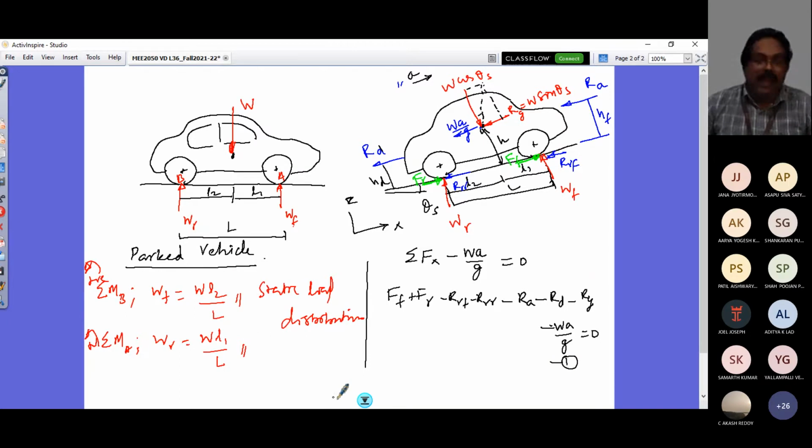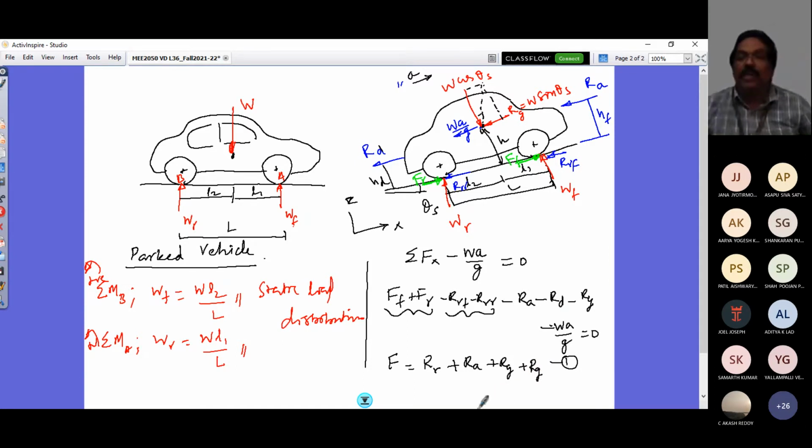From this equation, I can write my total tractive force, these two, so that's going to be F, the total tractive force, equals. On the other side, I'll have all the resistances. This resistance is rolling resistance, so I'll simply take it to the other side. That is RR. And then I have this aerodynamic resistance RA, and I have this RD, and then I have this RG.